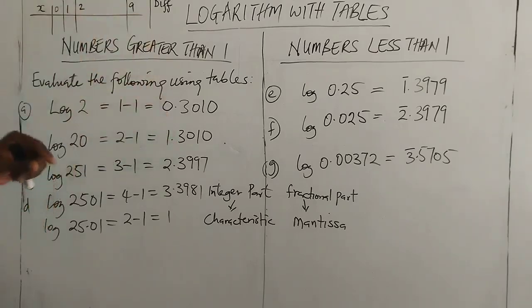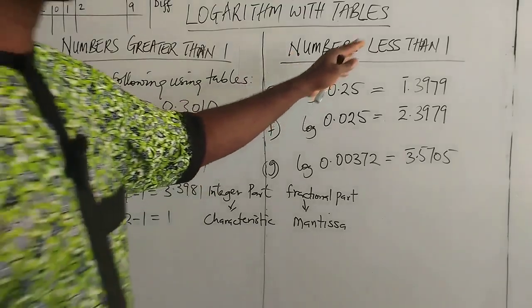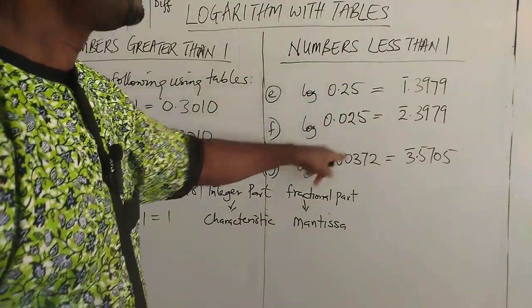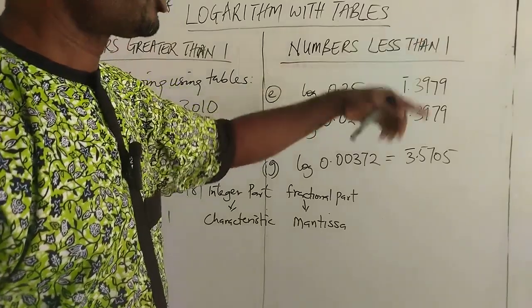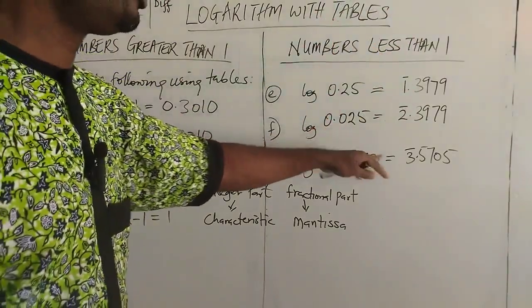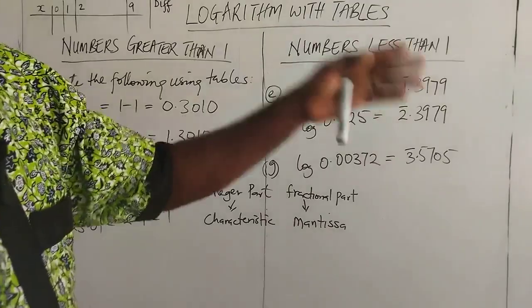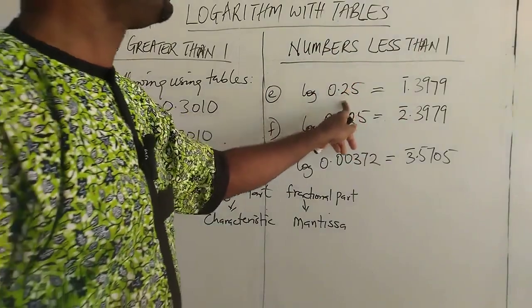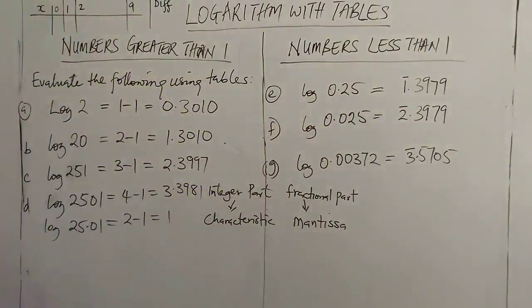Then use the mathematical table to find the mantissa. For numbers less than 1, the number of zeros in the number will form the characteristic. Of course, it will be negative, bar 1, bar 2, depending on how many zeros are there. For the mantissa part, you also use the table to find the significant figures part of the number. That's what you look out for on the 4-figure table.